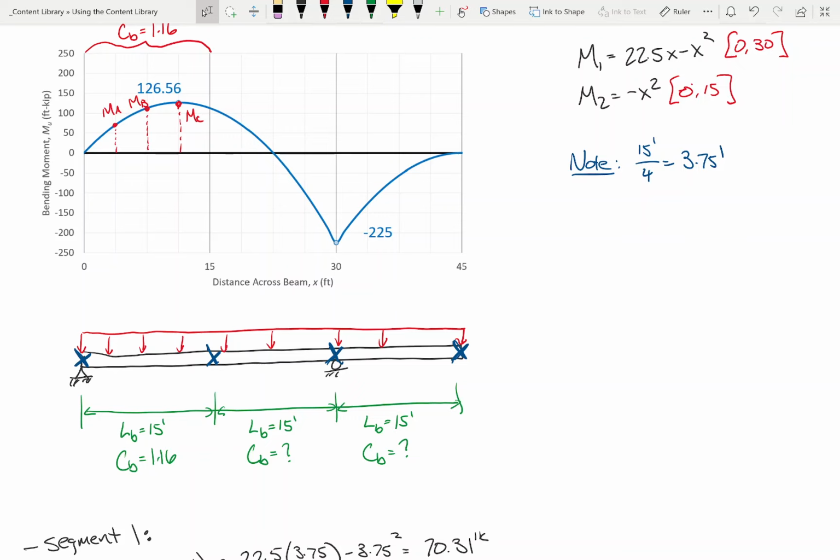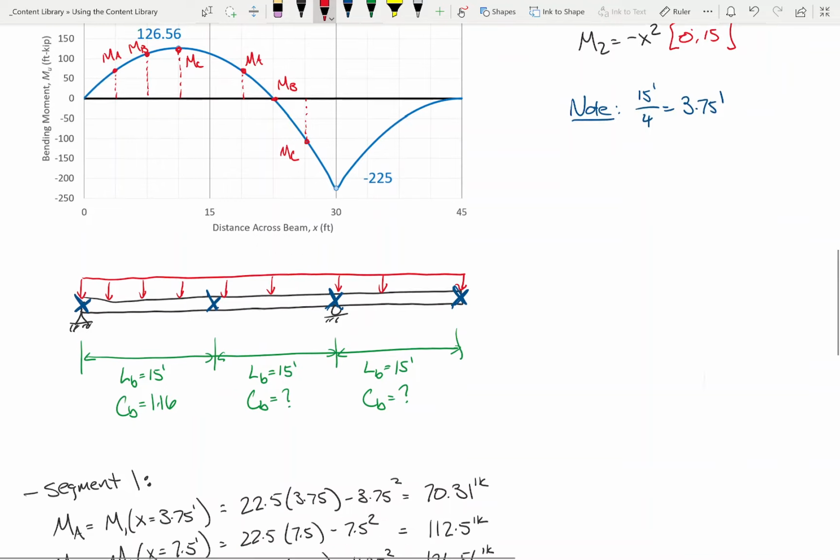So we got to figure out MA, MB, MC and M max. Don't know yet if MB is 0. It might be. What's M max going to be for this segment, by the way, if we're using absolute values? 225, right? Because we're using absolute values.